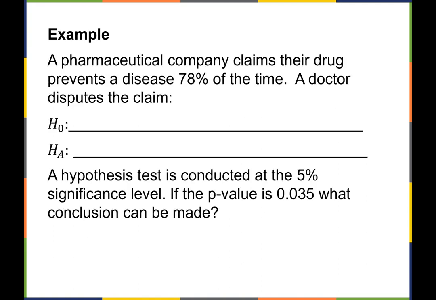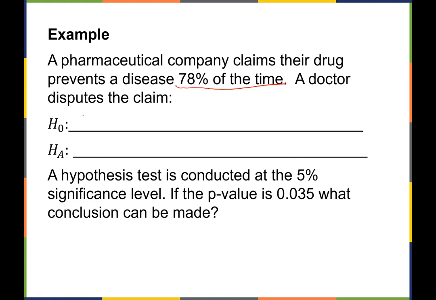Let's do one more example. A pharmaceutical company claims their drug prevents a disease 78% of the time, and a doctor disputes the claim. Let's go ahead and state the null and alternative hypotheses. Then a hypothesis test is conducted at 5% significance level. If the p-value is 0.035, what conclusions can be made? All right, so what would be the alternative and null hypothesis for this example? The company claims their drug prevents a disease 78% of the time, all right?